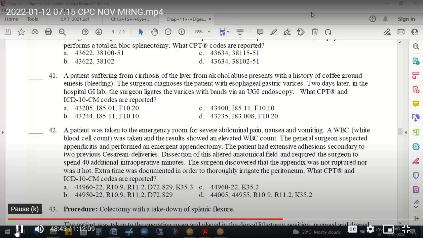That is based on the location. Example, incisional, ventral, etc.